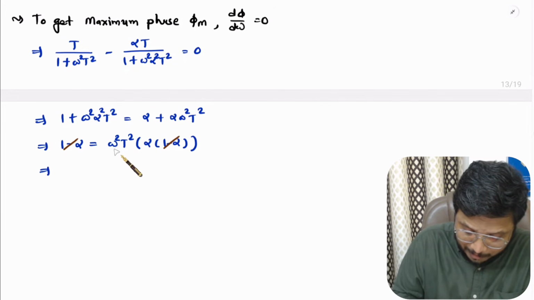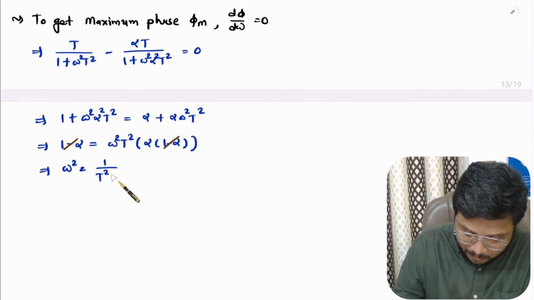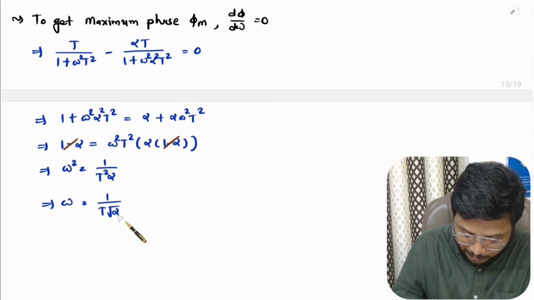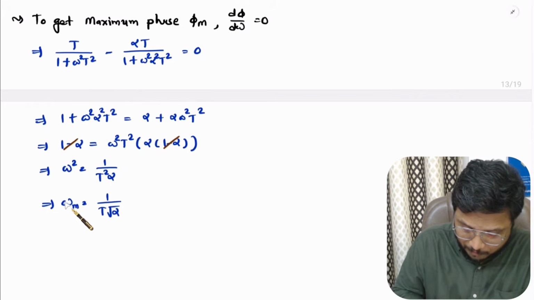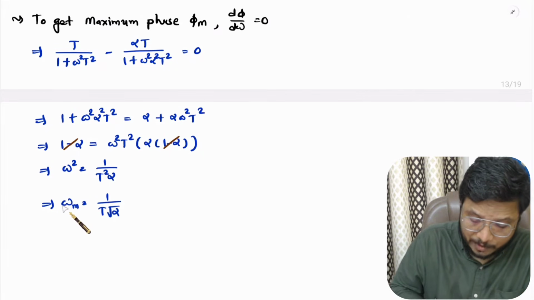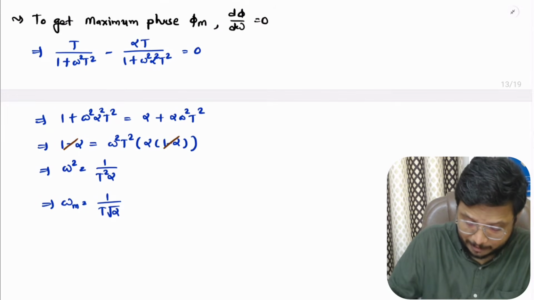So we will get the value of omega. See, omega square will be 1 divided by T square alpha. So omega will be 1 divided by T square root of alpha. So this is the frequency at which we have maximum phase, right?